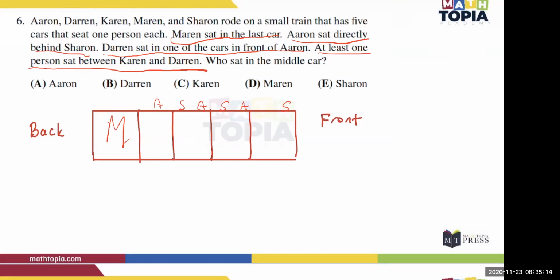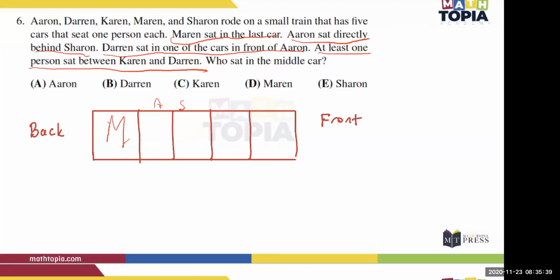Well, this possibility would not work because it says that Darren sat in a car in front of Aaron, but here only Sharon sits in front of Aaron. So we can eliminate this possibility. At least one person sat between Karen and Darren. Well, let's try one of these two possibilities and see if we get a contradiction.